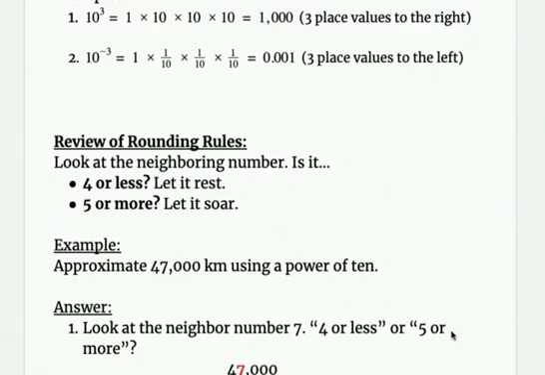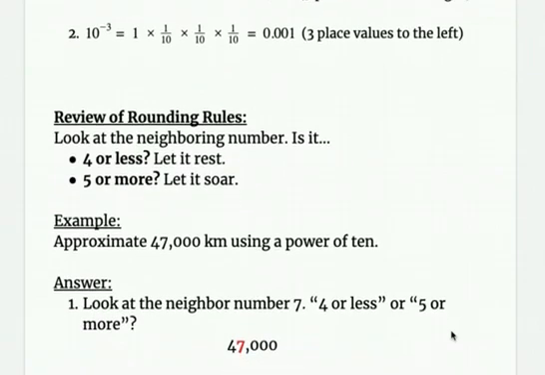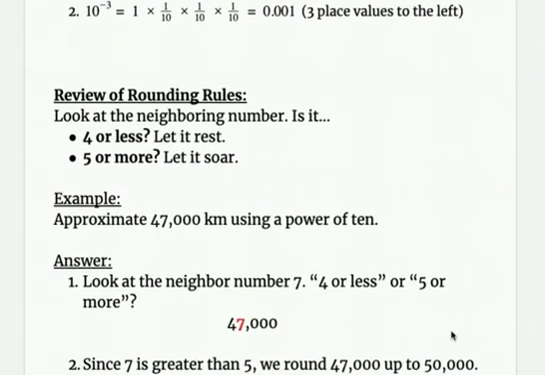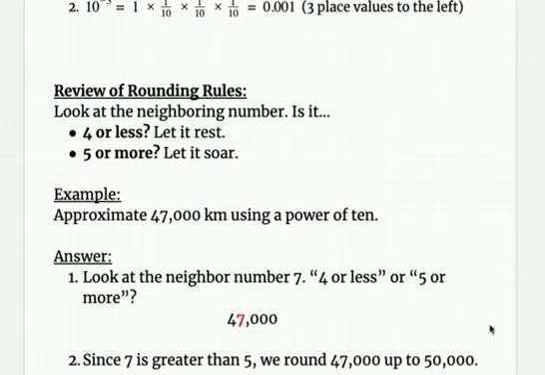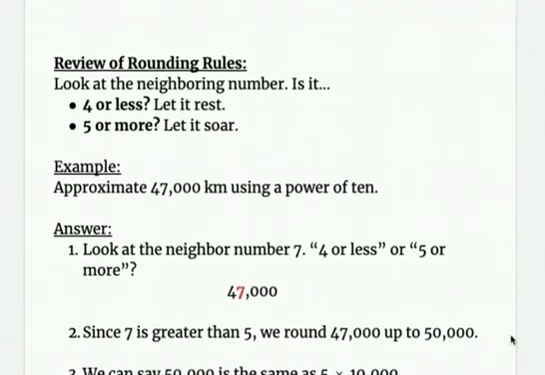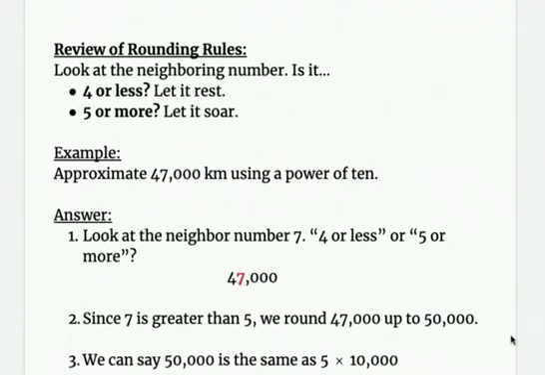So 4 or less would be numbers like 0, 1, 2, 3 or 4. 5, 6, 7, 8, and 9 would be the 5 or more. So this is a 7, it's 5 or more. So we would now round. Instead of 47,000, we would round it to 50,000. So we are bumping up the 4 to a 5. We're letting it soar. So now we can say that 50,000 is the same as 5 times 10,000.